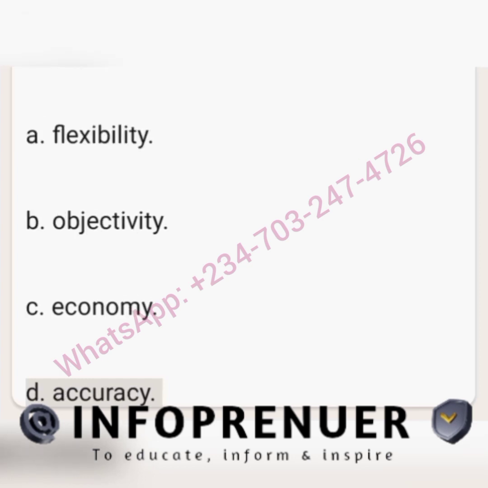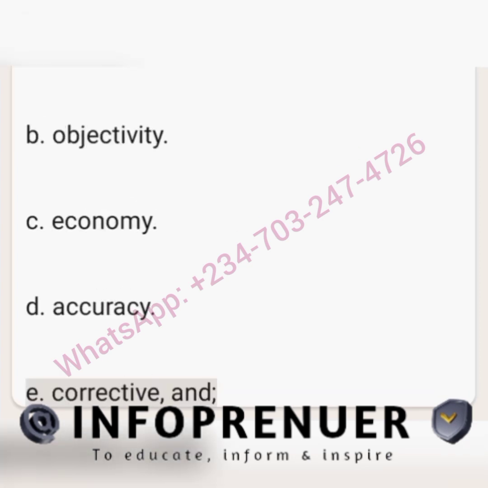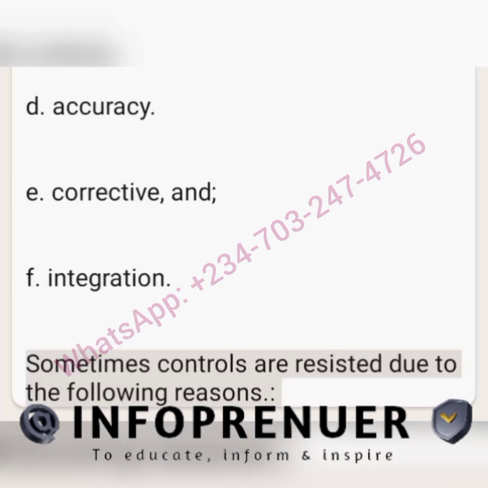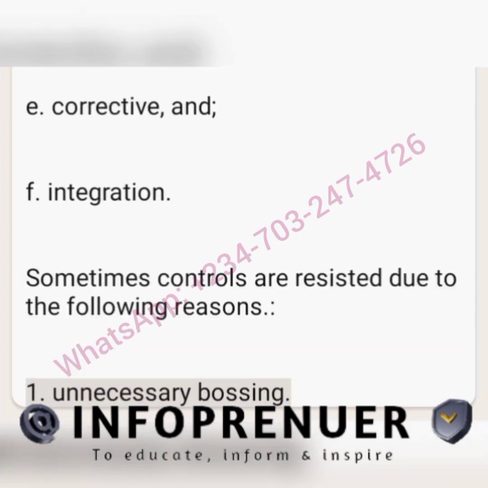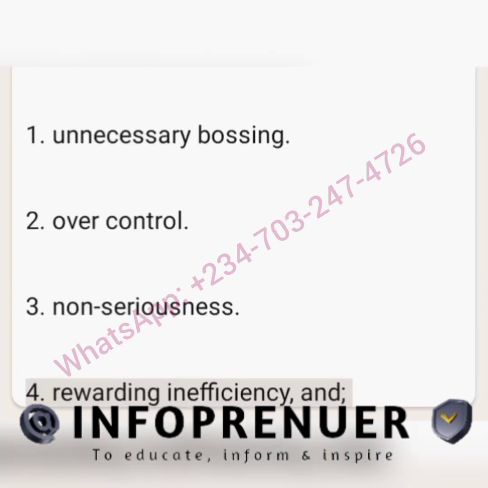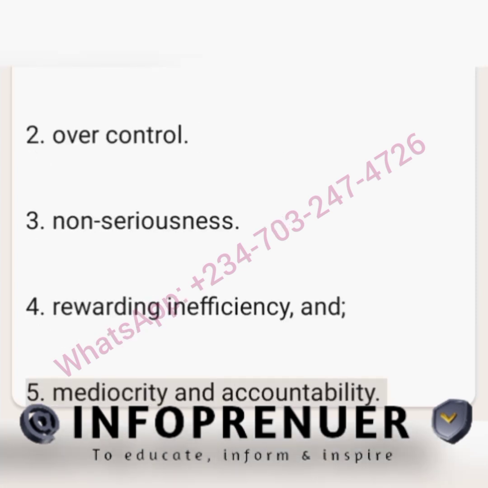D. Accuracy. E. Corrective, and F. Integration. Sometimes controls are resisted due to the following reasons: 1. Unnecessary bossing. 2. Over-control. 3. Non-seriousness. 4. Rewarding inefficiency. And 5. Mediocrity and accountability.